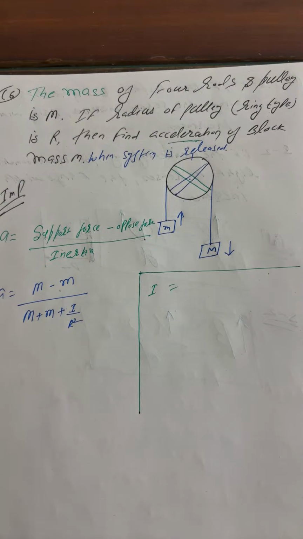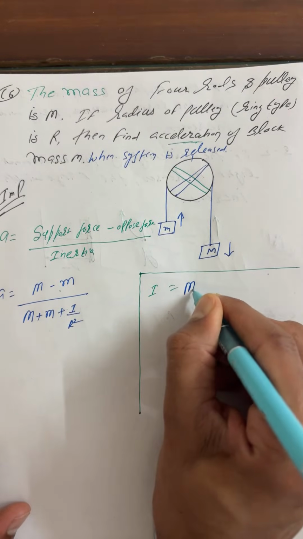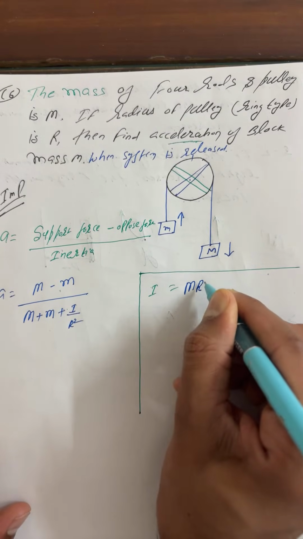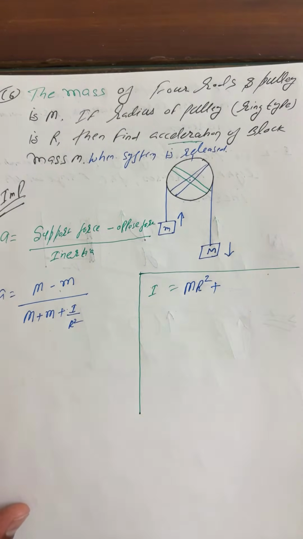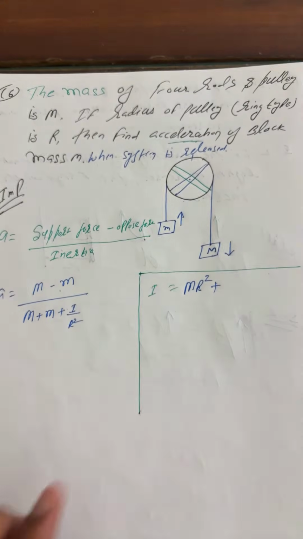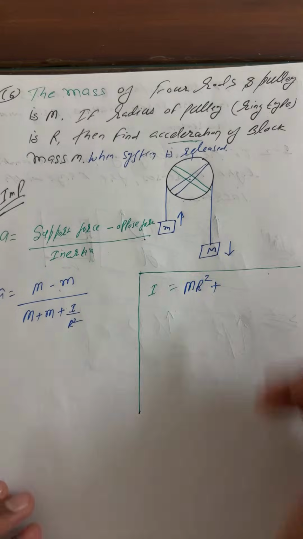The mass of the ring, the four rods and the pulley... What's the mass of the ring? That is capital M. So the moment of inertia of the ring is M r square. Next, we have to write for the rods. How many rods do we have? Two rods. What is the moment of inertia of a rod about its midpoint?